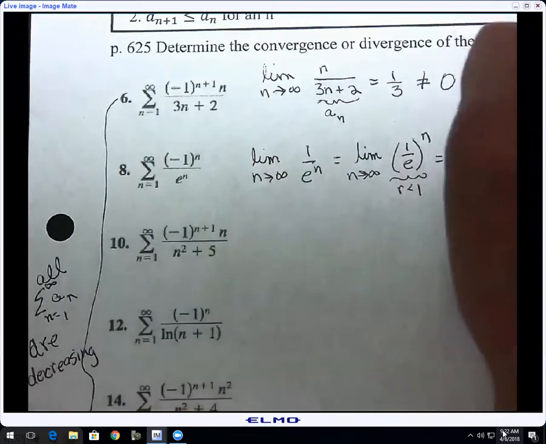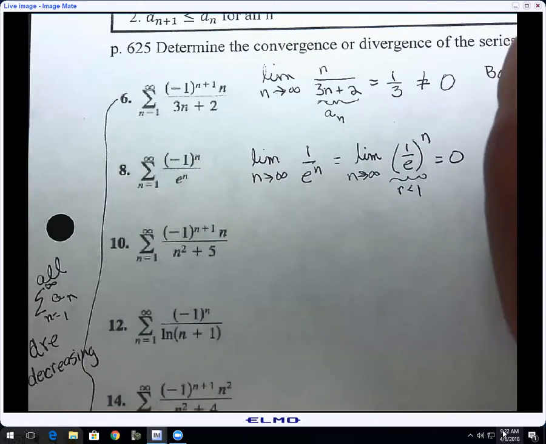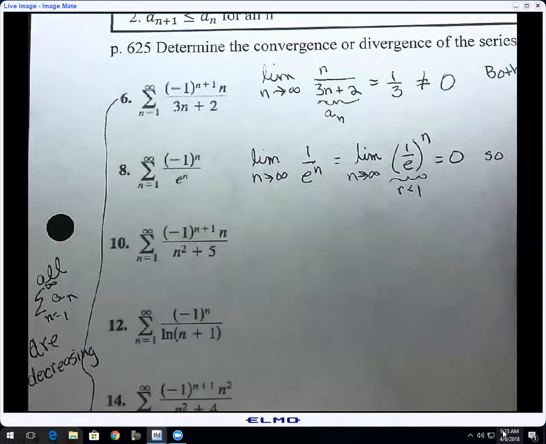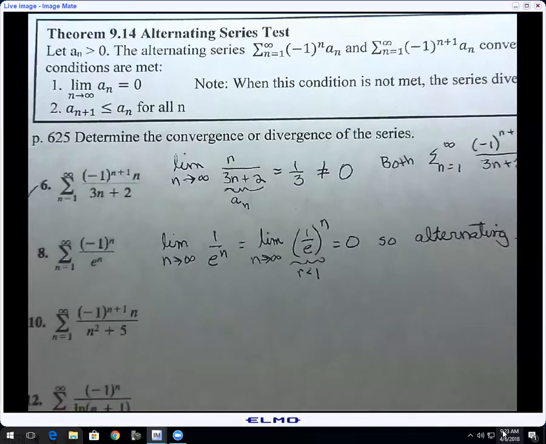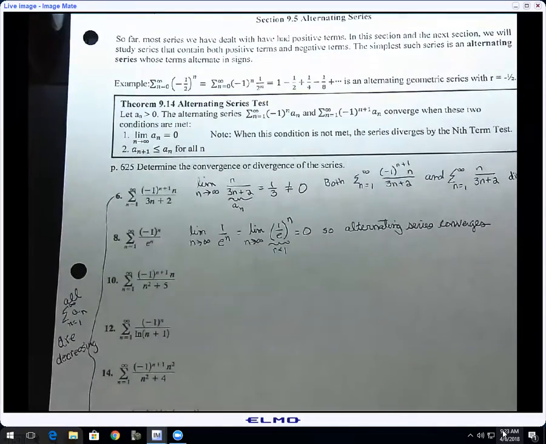So I'm going to say, so the alternating series converges. But look at the difference between what I wrote on number 6 and number 8. On number 6, if one of the series diverges, they both diverge.